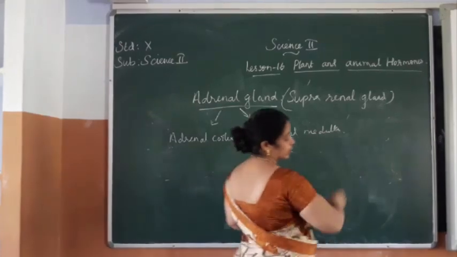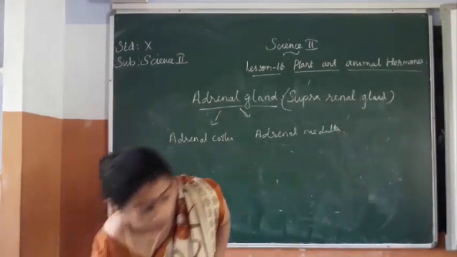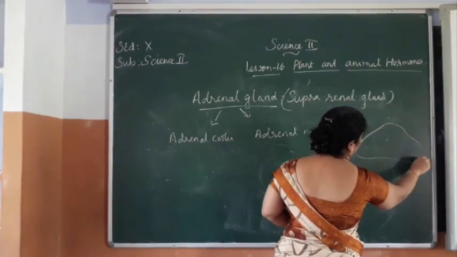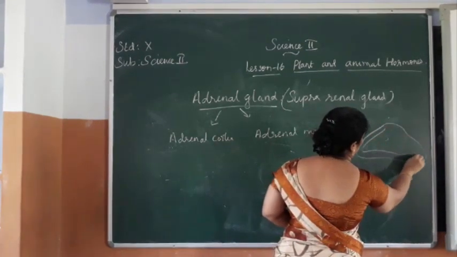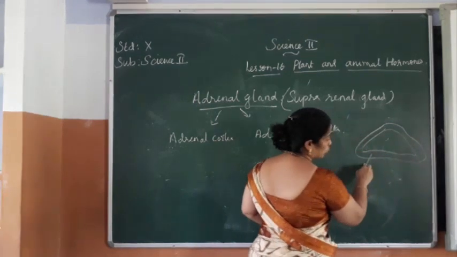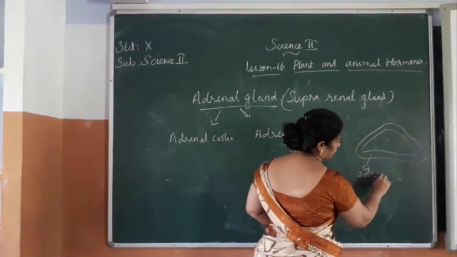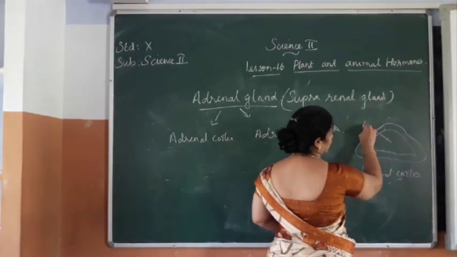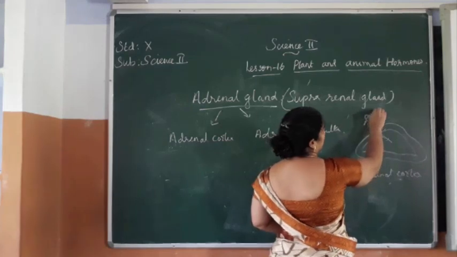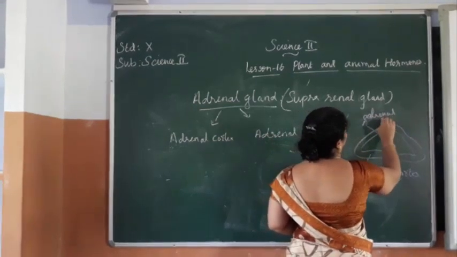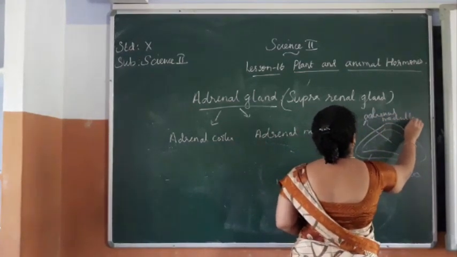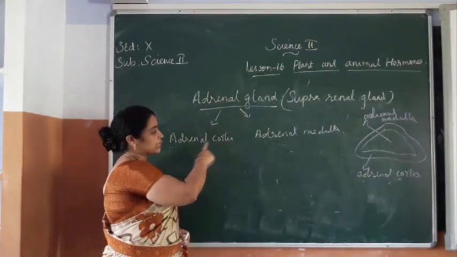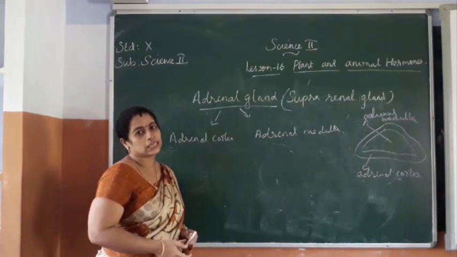If you are drawing the adrenal gland, the outer portion is known as the adrenal cortex, and the inner, center portion is known as the adrenal medulla.